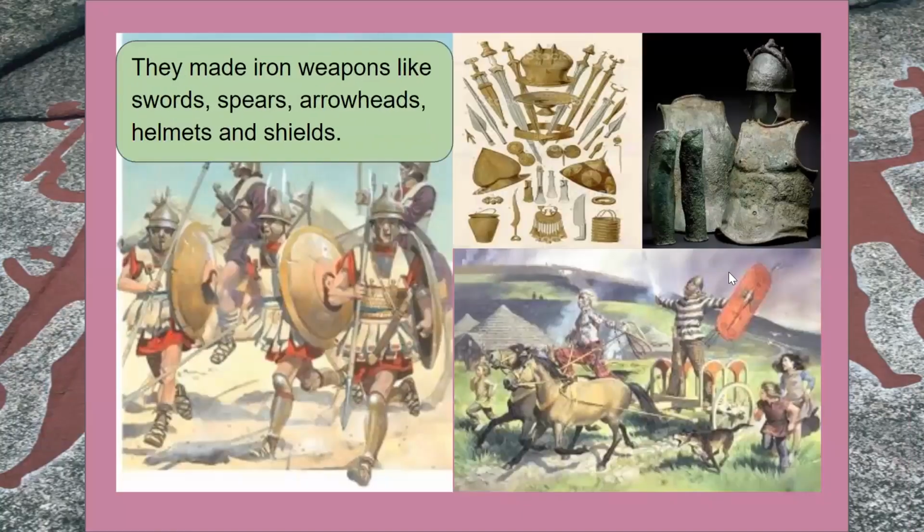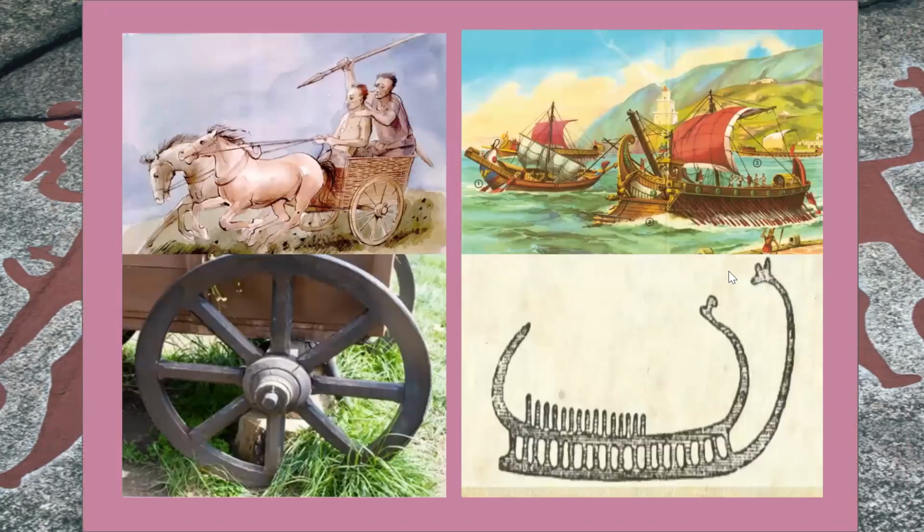They made iron weapons like swords, spears, arrowheads, helmets, and shields. These weapons were stronger and more efficient and were used by the military soldiers. This allowed civilization to be built and empires to rise.